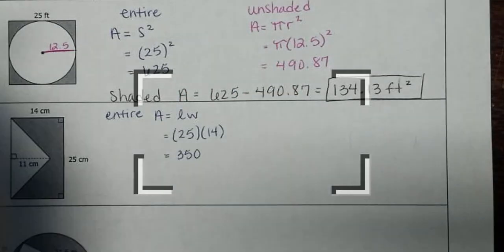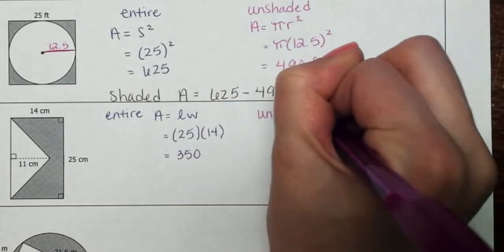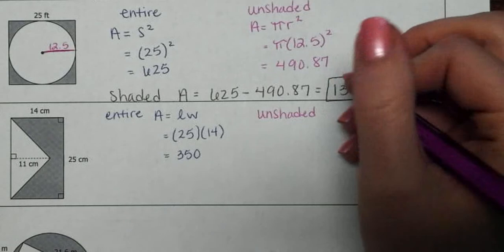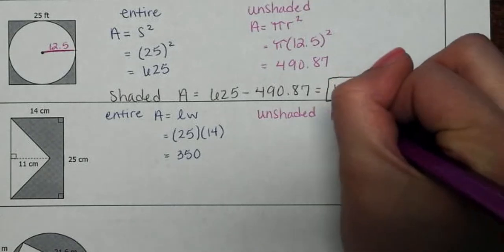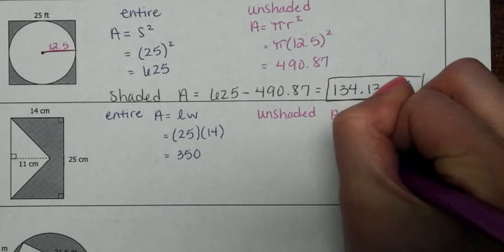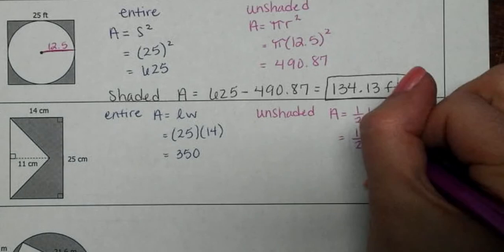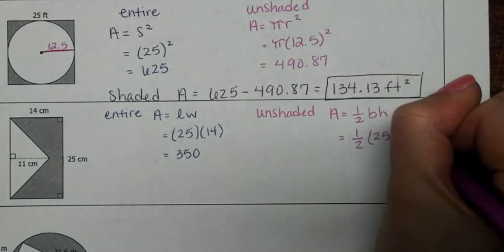Now I'm going to find my unshaded region. That is a triangle, 1/2 base times height. I know my base is this side over here, which is the same as 25. So 25, my height is 11.